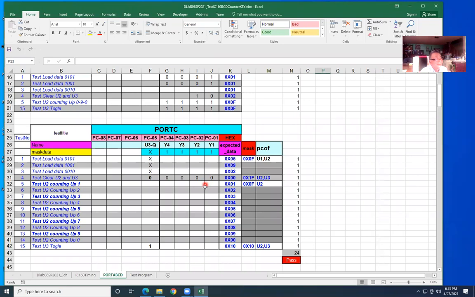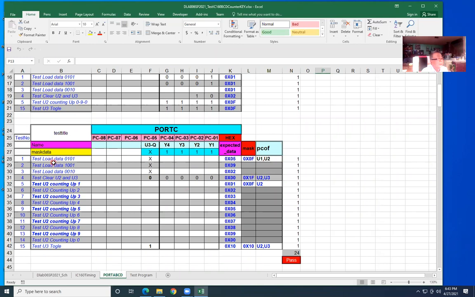However, the math data, this is the U3Q, you're not testing now, you don't care. So the math data will be 0F. And if something is wrong, it will be U1 and U2 only. That means U1 is the buffer, U2 is the counter.